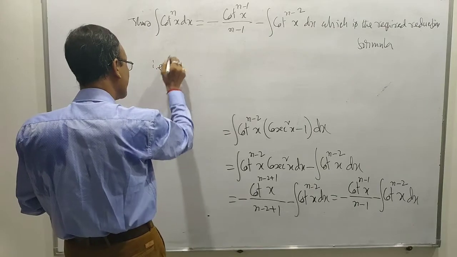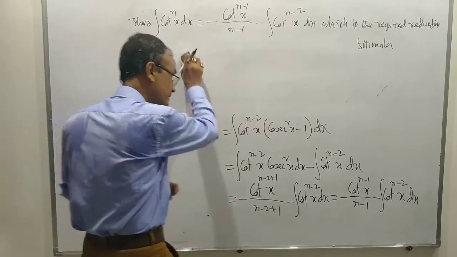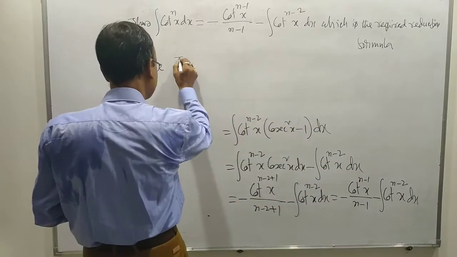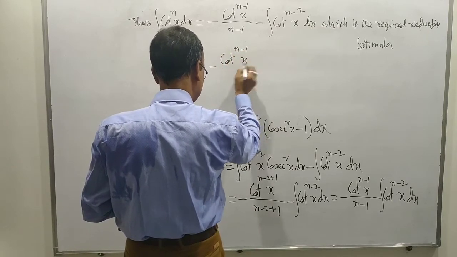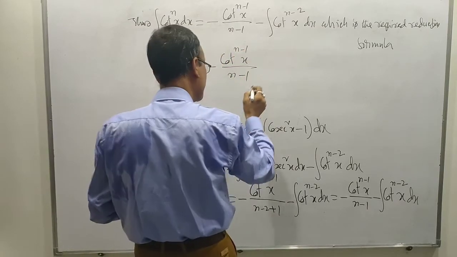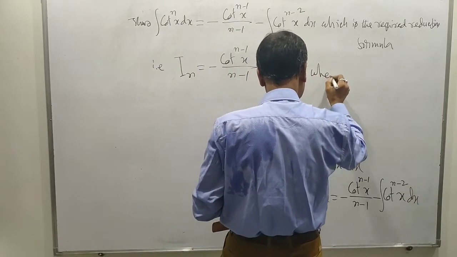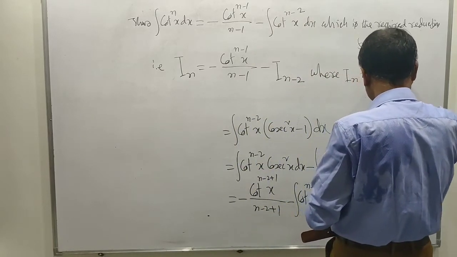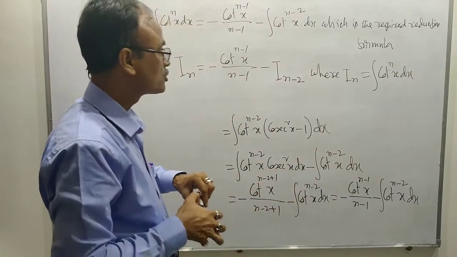That is, you may write here I_n equal to minus cot to the power n minus 1 x divided by n minus 1 minus I_(n-2), where I_n equal to integration cot to the power n x dx.